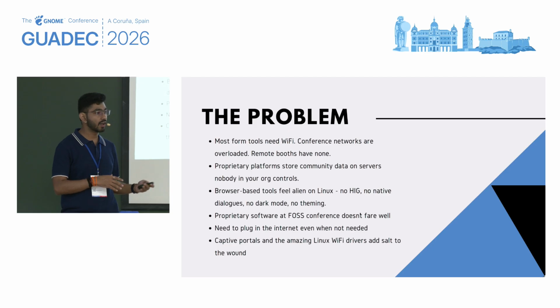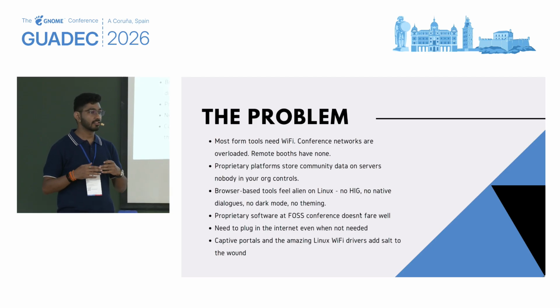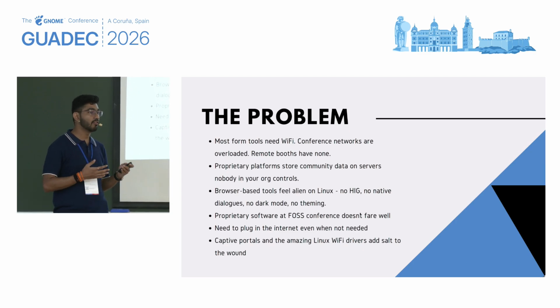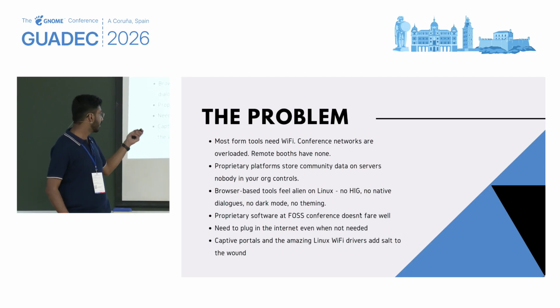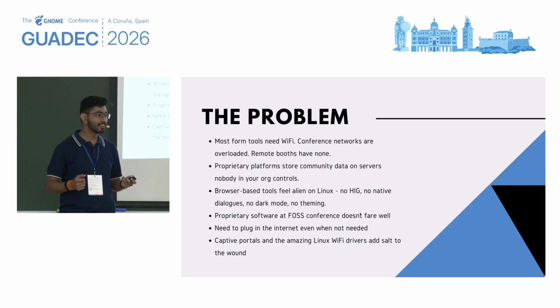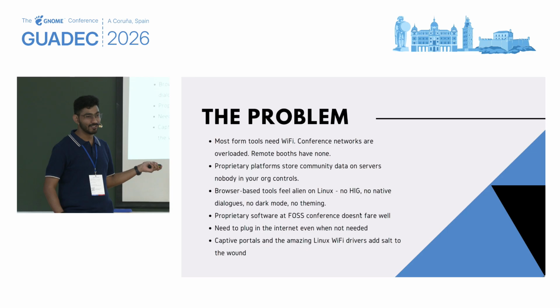Everything has its own UI, its own design, and it's really hard to navigate around. But we wanted a solution which just feels native, so that whoever comes to an open source conference knows how to use it exactly. Plus, again, captive portals and Wi-Fi drivers. I think we all know how Wi-Fi drivers are on Linux, right? They are a bliss to run. Wi-Fi runs amazingly on Linux. So we had to solve that as well.